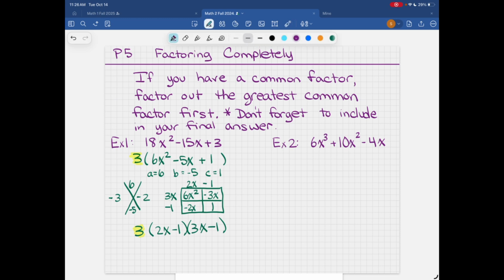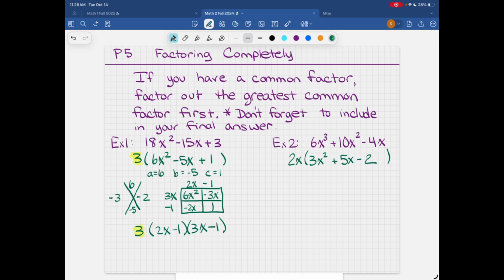So I am not only going to factor out a 2, but I'm going to factor out an x. So 2 times 3 is 6, and x times x squared would give me my x cubed. 2 times 5 is 10, and x times x gives me x squared. 2 times negative 2 is negative 4, and I have my x.